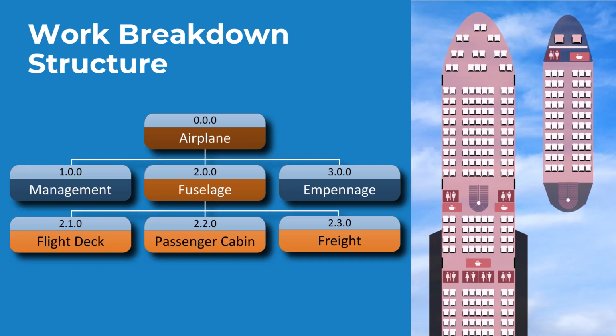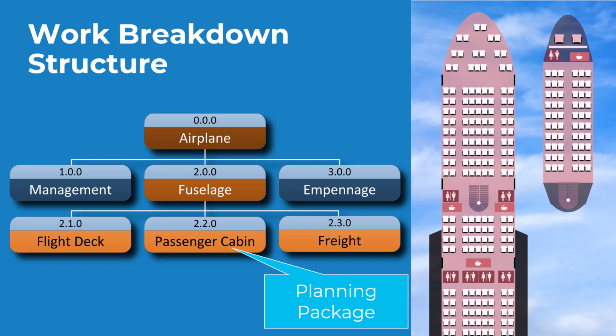But before we do that, this level here, where the passenger cabin is, could be the level at which you want to track and ensure proper progress and that the costs are controlled. If so, then this would be called a planning package, and it would also have an account code. And this will then enable you to say the passenger cabin is 76% complete and it is 5% under budget.